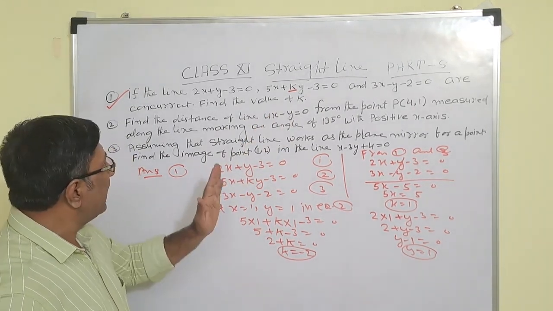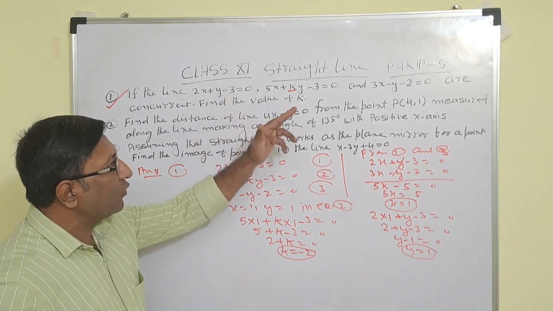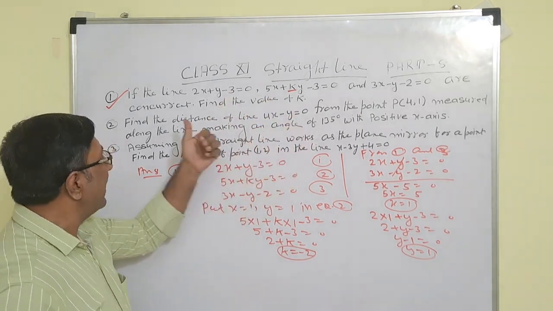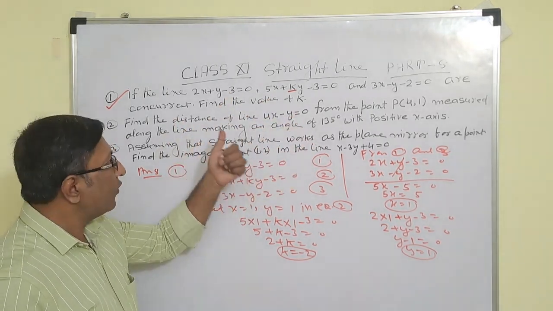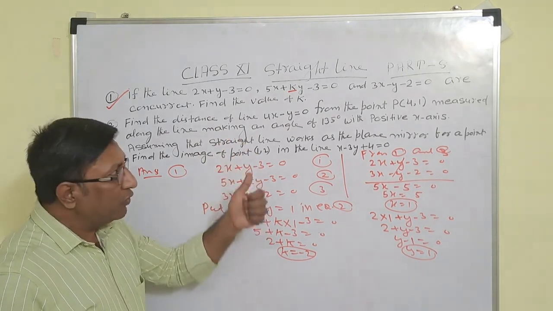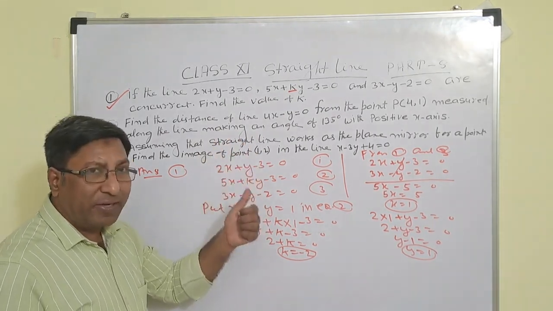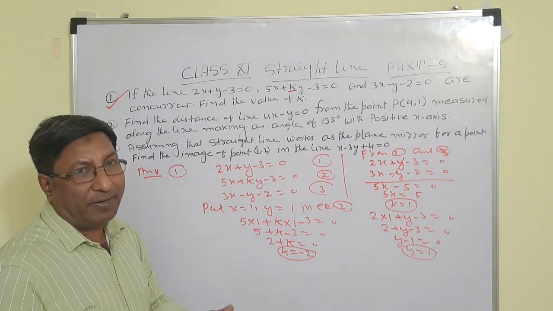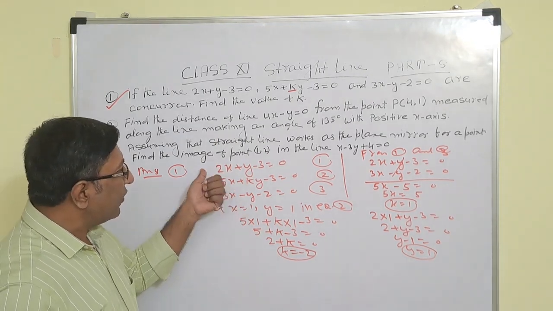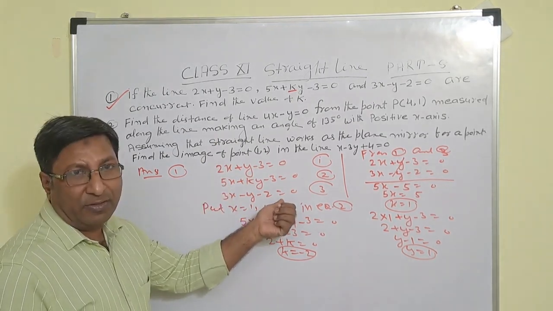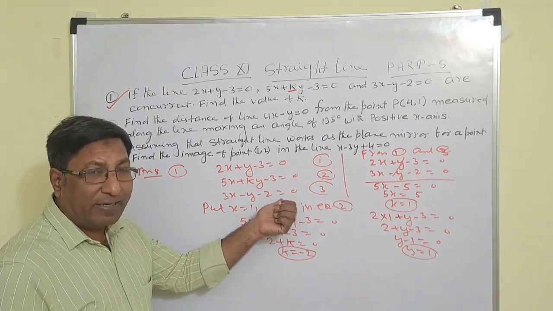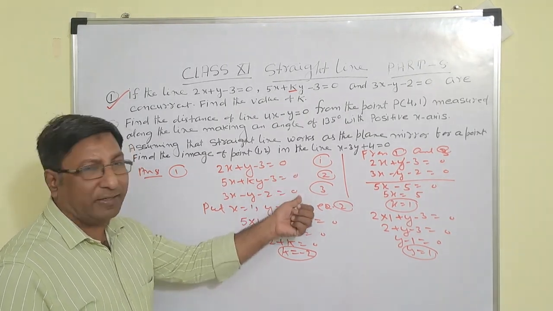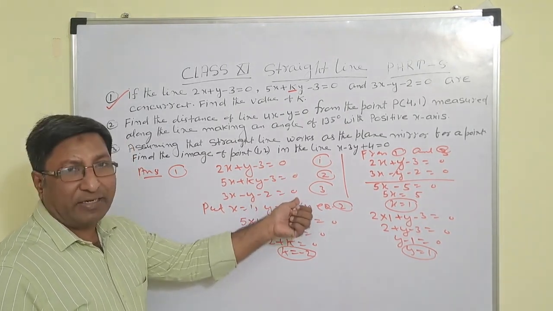Okay, so the question is line 1, line 2, line 3, all three lines are concurrent, and we have to find the value of k. We know concurrent lines always meet at a common point. First we take the first and third equations and find their intersecting point.